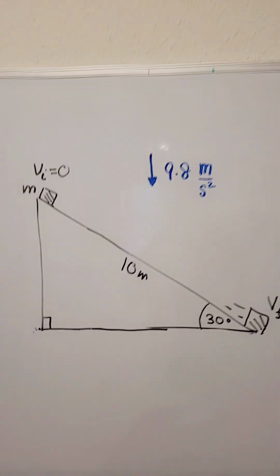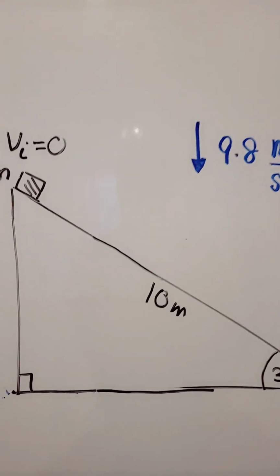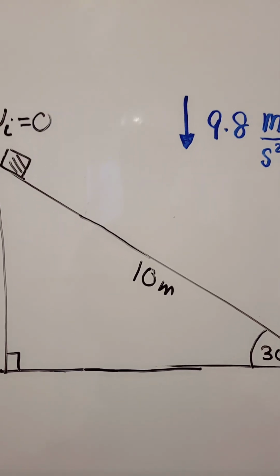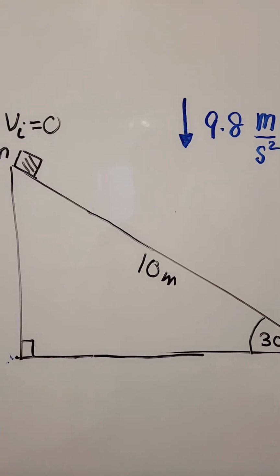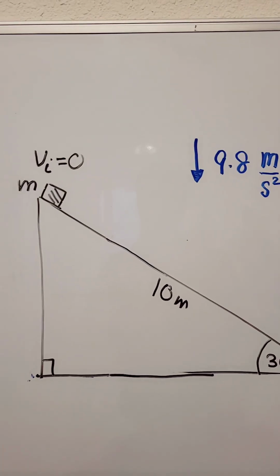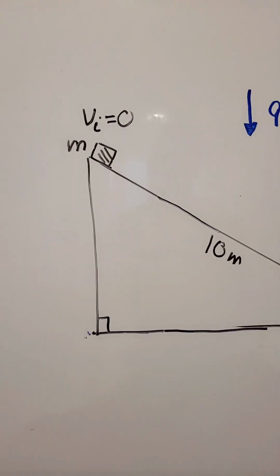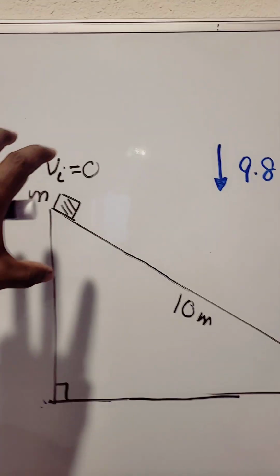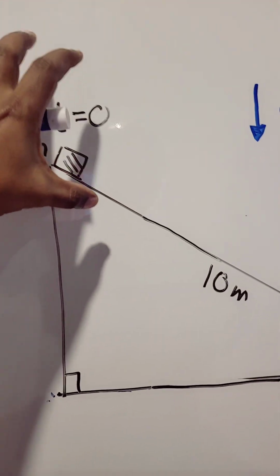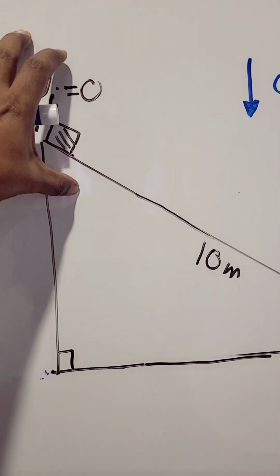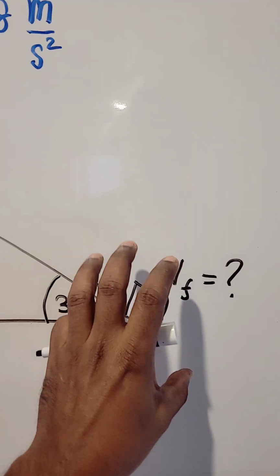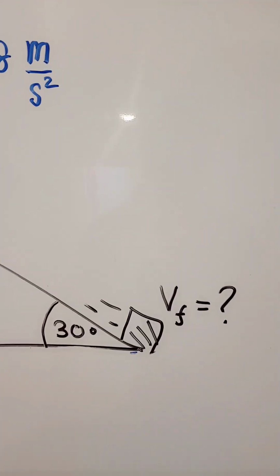So that's the problem. Usually you can use kinematic equations to solve this problem, but I'm going to show you a much easier way of solving these types of problems. We are going to compare the mechanical energy of the system when the object is over here, and the mechanical energy of the system when the object is over there.